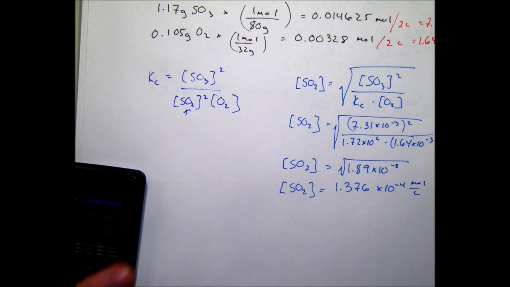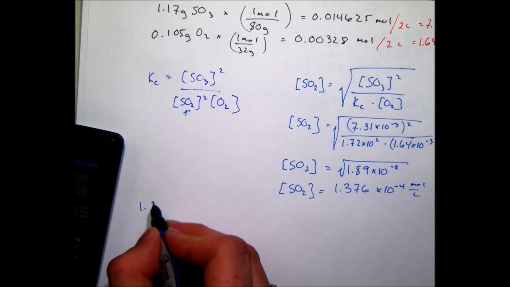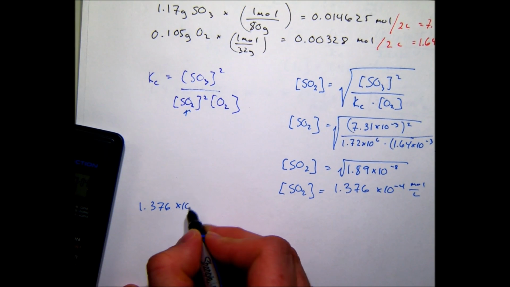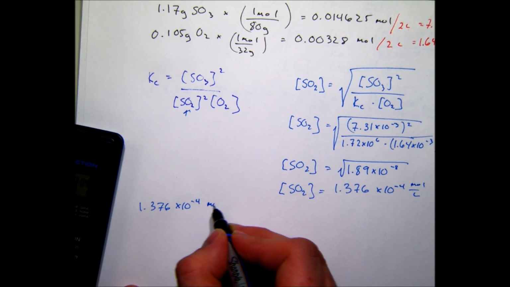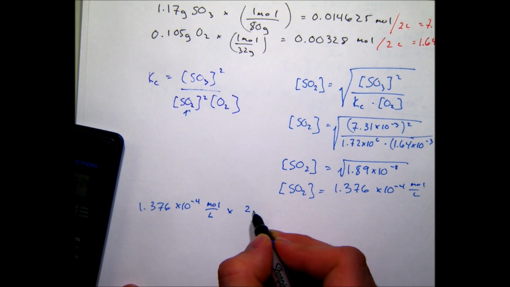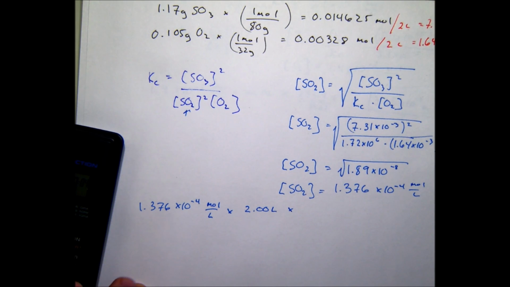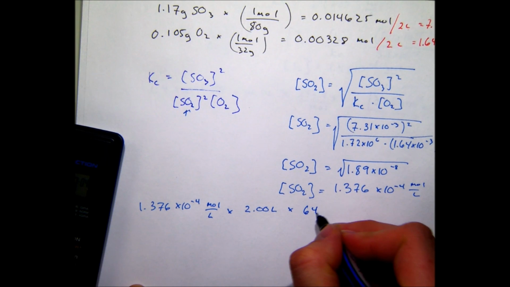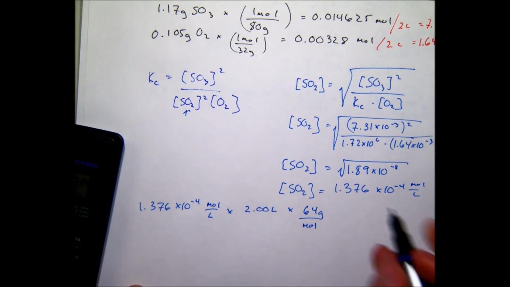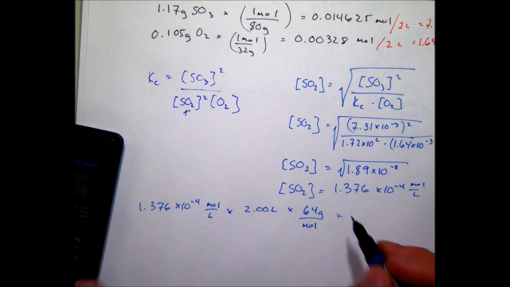So we're looking for grams. 1.376 times 10 to the negative 4 moles per liter times 2 liters times 64 grams per mole. This is all for SO2.